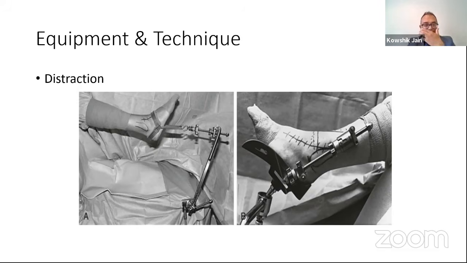Should you use distraction? That's the second question. Is distraction always needed? Probably the answer is no. Van Dyke is a very well-known foot and ankle surgeon, and in his own method of ankle arthroscopy he does not use ankle distraction.